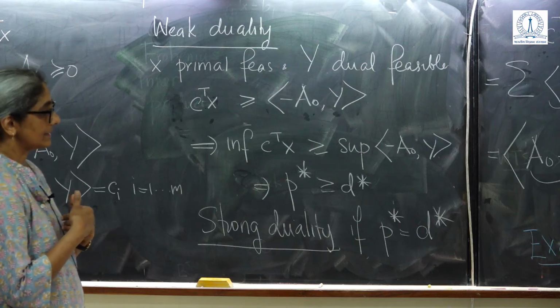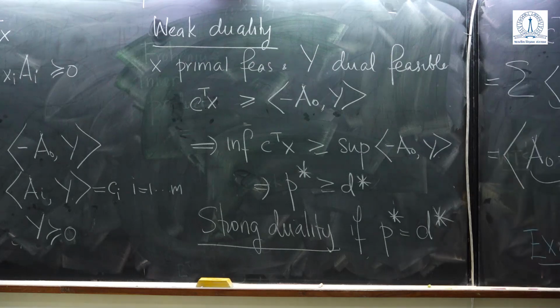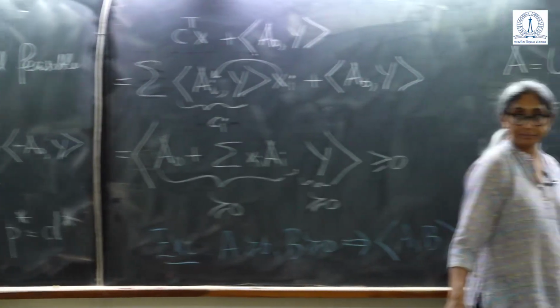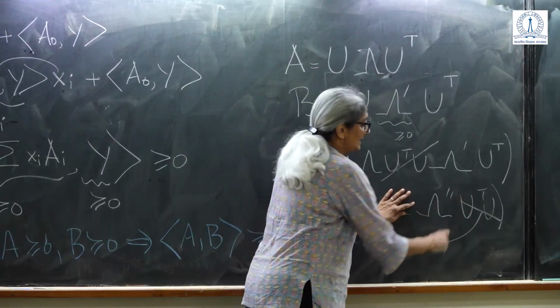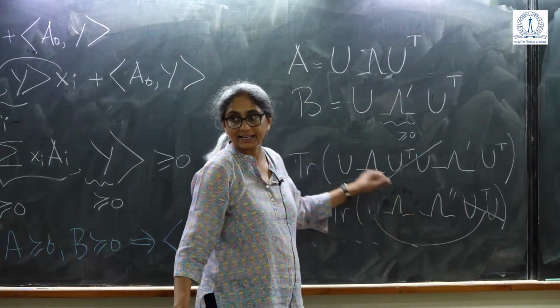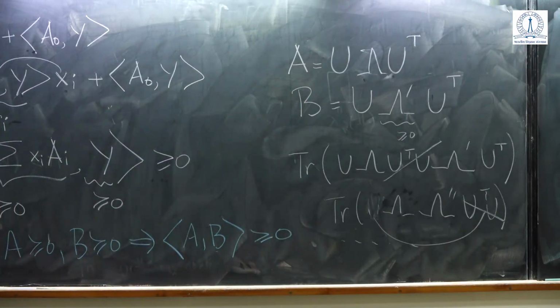Yeah, exactly. So lambda is something diagonal. So it's going to scale every row of lambda prime, right? And then you'll get some lambda double prime. And we're taking the trace of that. So we're just summing up the diagonal elements, which are positive because we just scale them positively. Maybe differently, but positively.